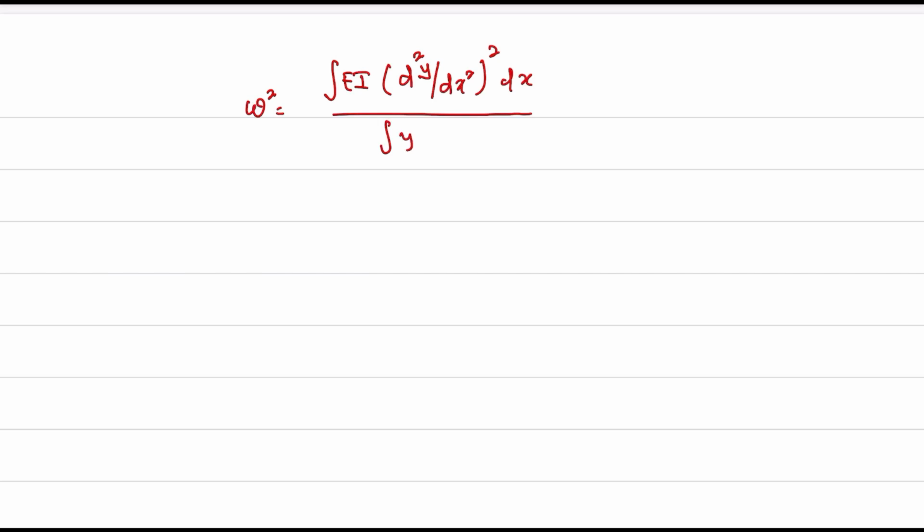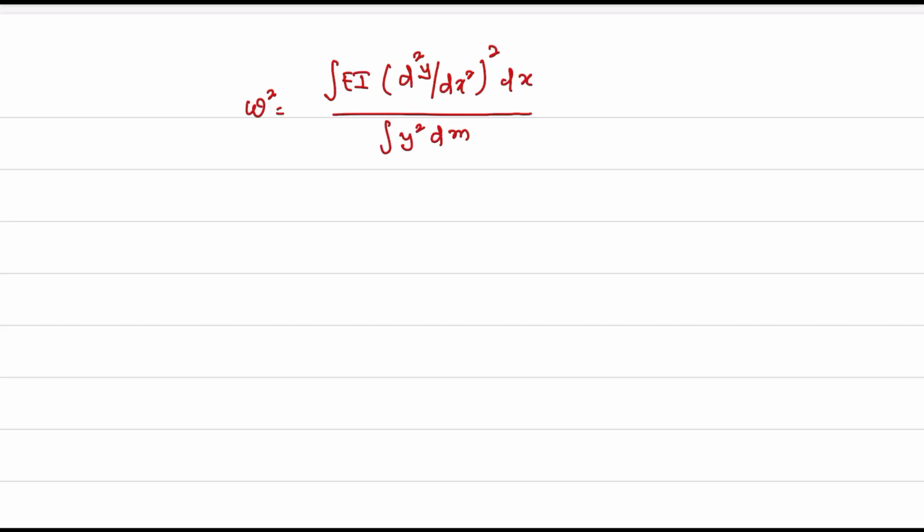Now, what is our basic notation for omega squared? Omega squared is equal to integral EI (d square y by dx square) whole square dx, divided by integral y square dm.